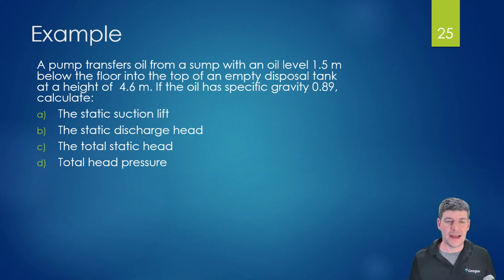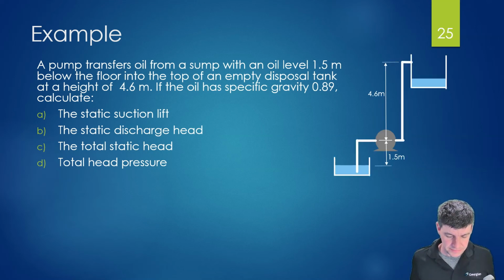So I think the best thing we can do in this case is to create a diagram. So here's what our system looks like. We have our sump, that's our lowest point here. And 1.5 meters up from the surface of the sump, we have our pump.